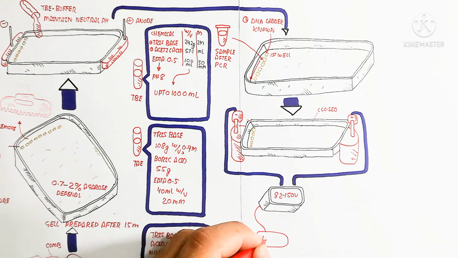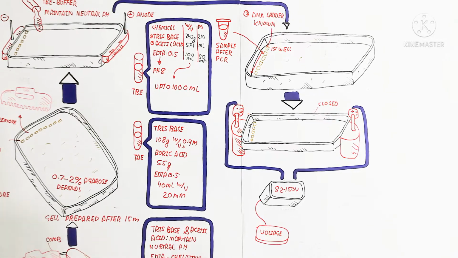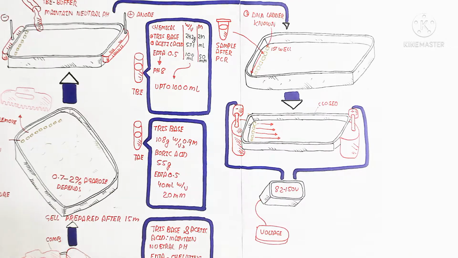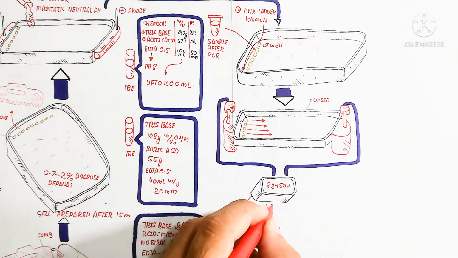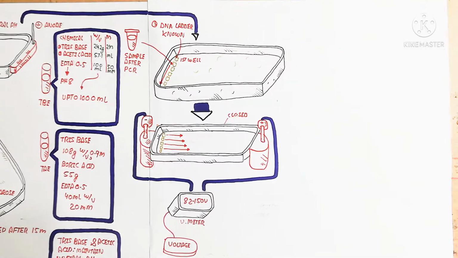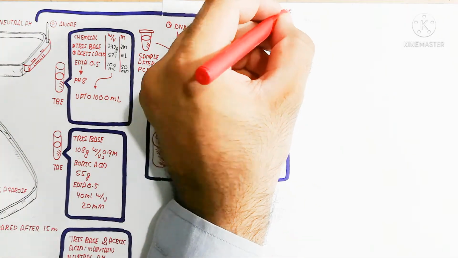Electricity can be 82 to 150 volt. We can detect it by the voltmeter and voltage provided. This means the negative cathode is moved toward the positive anode, and the DNA basically contains a net negative charge. So that is why it will move toward the positive anode.